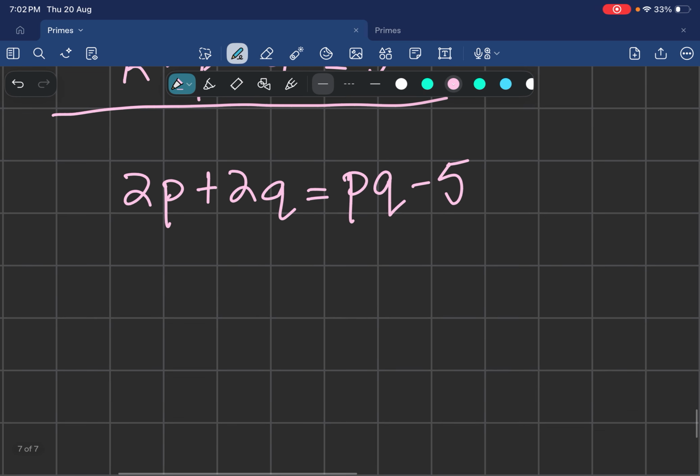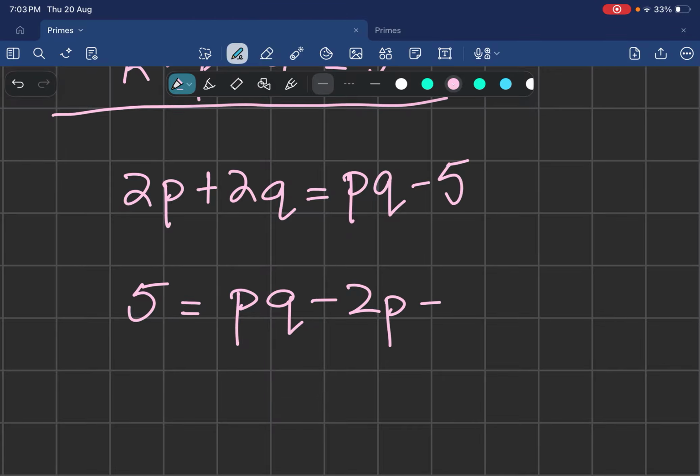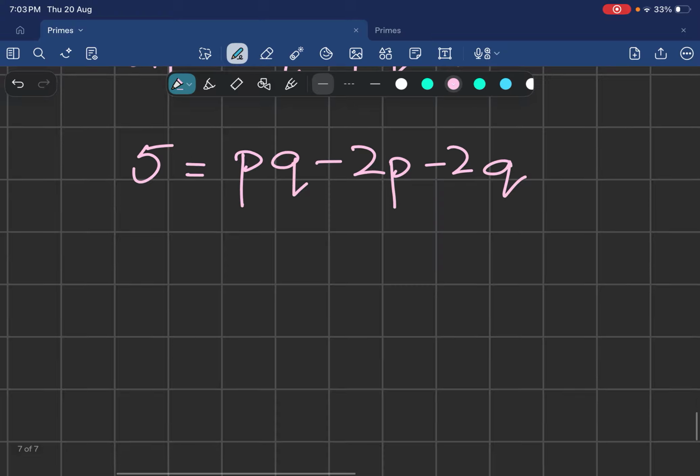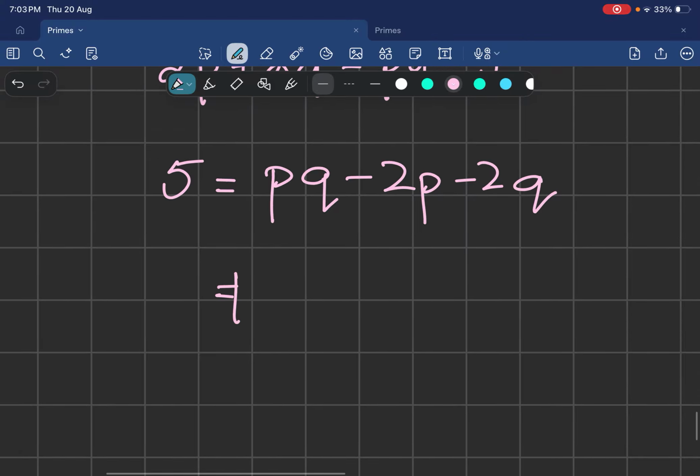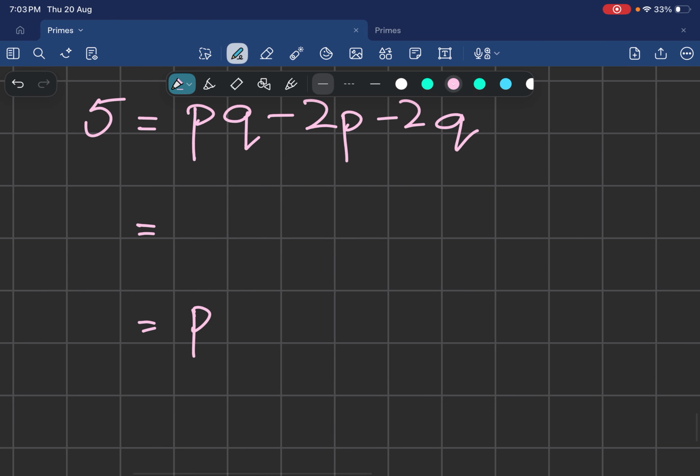Now what we can do is bring 5 here, and get pq minus 2p minus 2q. Now we can factor p from here, but before factoring p, let me show you one thing.